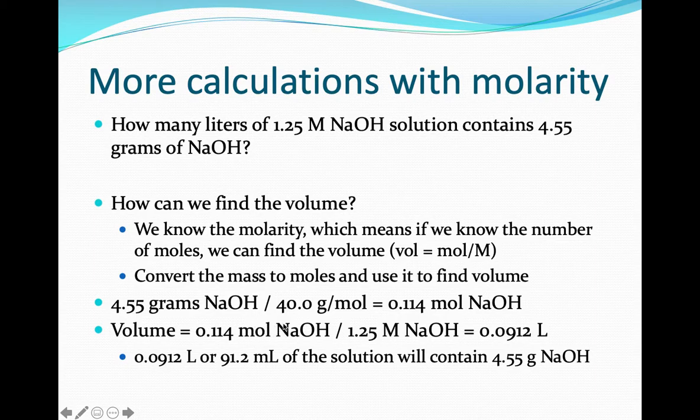So when we have just the moles and divide by moles over liters, that's why we got the liters here, which is the dimensional analysis part I was describing. You can write this as 1 liter of the sodium hydroxide solution divided by 1.25 moles of sodium hydroxide. That's the conversion factor, which ends up with our final units of liters, about 0.0912 liters. Which means about 91.2 milliliters of our solution will contain 4.55 grams of that sodium hydroxide.